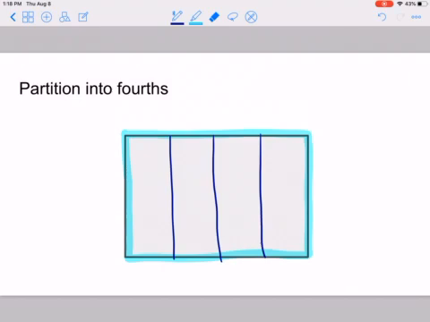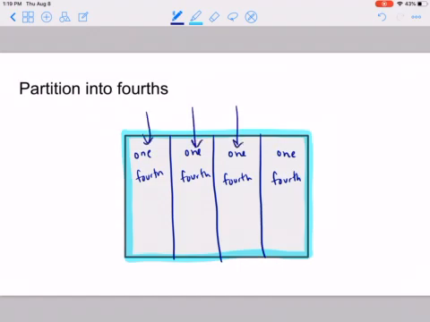Fourths means that they're going to be 4/4 will represent or make up the whole. So if we're labeling this would be 1/4, 1/4, 1/4, and 1/4. That's the size of each piece. Each piece represents 1/4. 1/4 here, 1/4 here, 1/4 here, and 1/4 there.